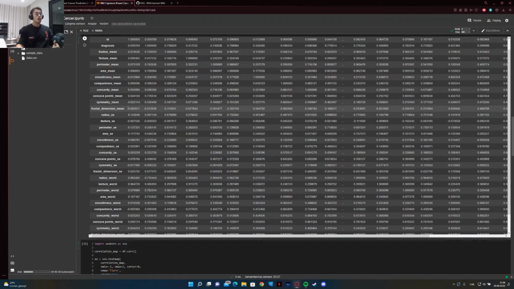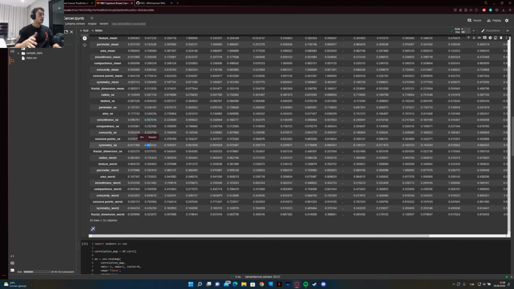I also checked the negative values, because if it's like minus 0.9 or minus 0.8, it's highly correlated, but in a symmetric way. But all of the negative values were already really irrelevant, like 0.01, 0.008, 0.06.